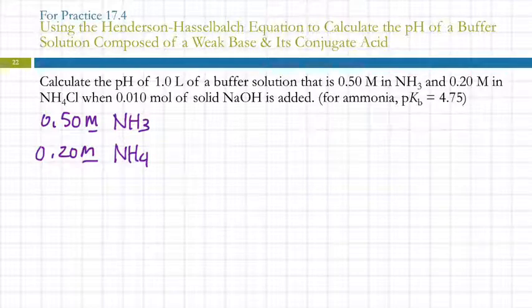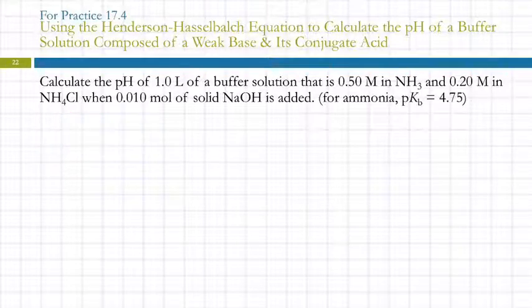Let's start over. So we've got those concentrations, and then we're adding sodium hydroxide to this. So we need to do some stoichiometry before we can do the Henderson-Hasselbalch equation.